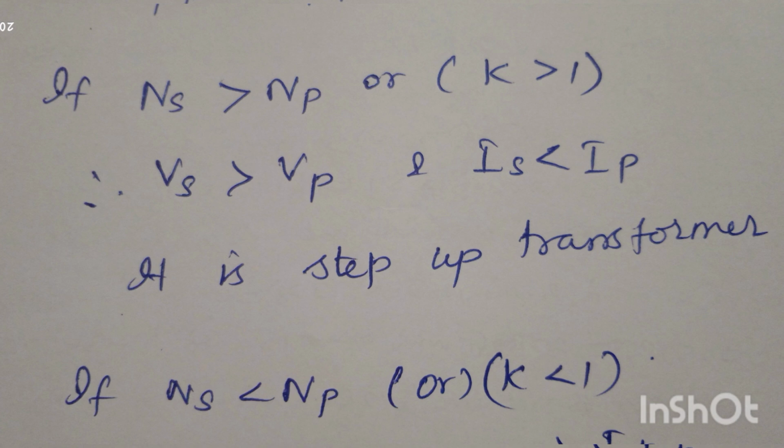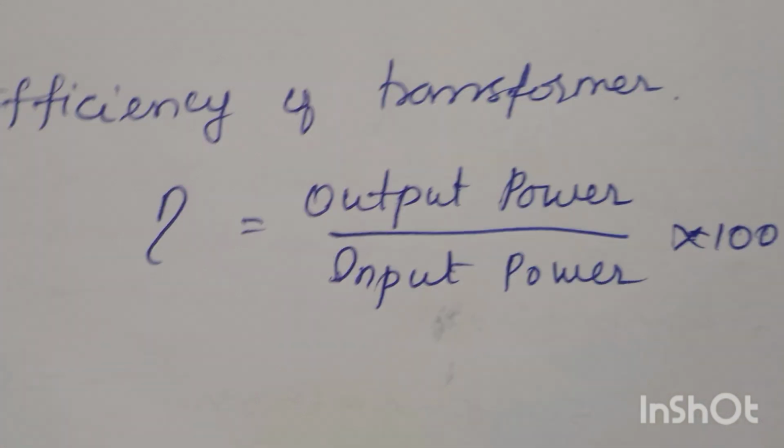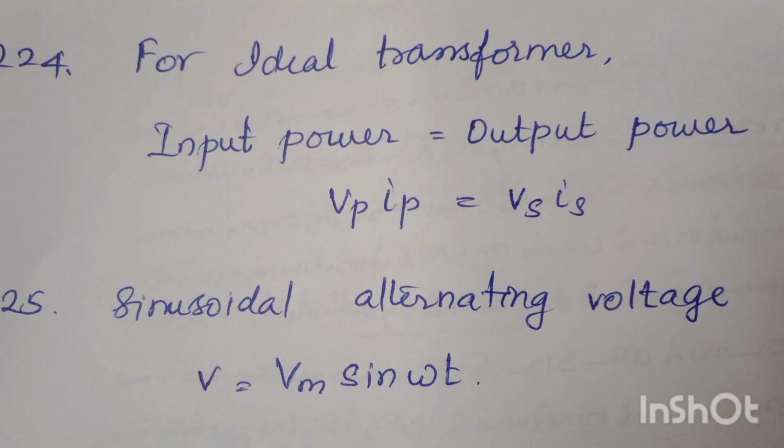If Ns is less than Np or K is less than 1, Vs is less than Vp and Is is greater than Ip, it is step-down transformer. Efficiency of transformer, eta is equal to output power by input power into 100. For ideal transformer, input power is equal to output power. Vp Ip is equal to Vs Is.